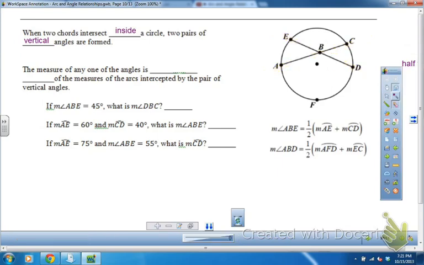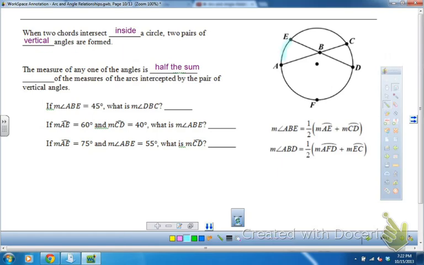Well, there's also some information about the relationship between the arcs created by those chords and the angle that is created. So the measure of any one of those angles is equal to half of the sum of the measures of the intercepted arcs. I'm going to highlight those arcs.